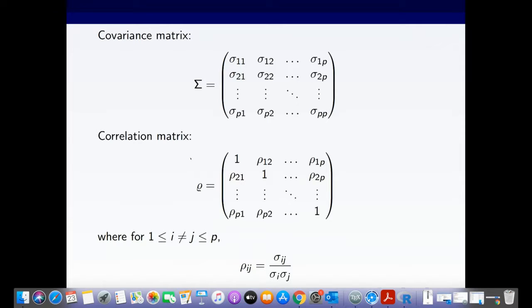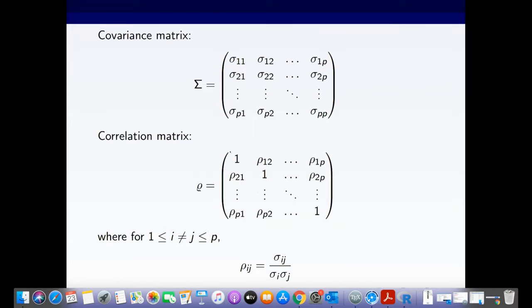Okay, so then we can also think about the correlation matrix. The correlation matrix is the generalization of the usual correlation. Remember, we can define the correlation as the covariance divided by the standard deviation of x times the standard deviation of y, if you have two variables.